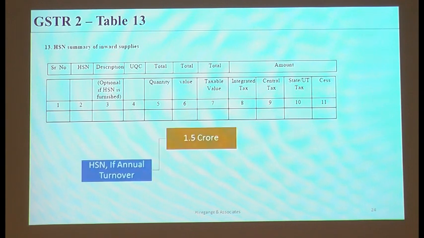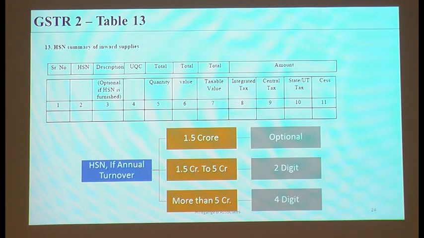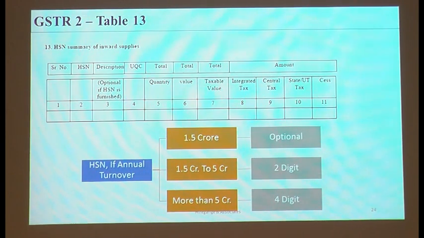Table 13 is very important because you have to upload the HSN summary of inward supplies. Whatever inward supplies you have received for the tax period, HSN wise you have to give the breakup in GSTR 2.